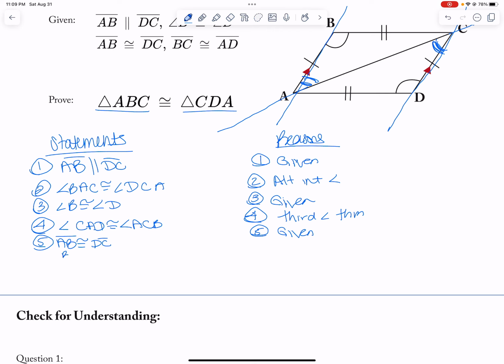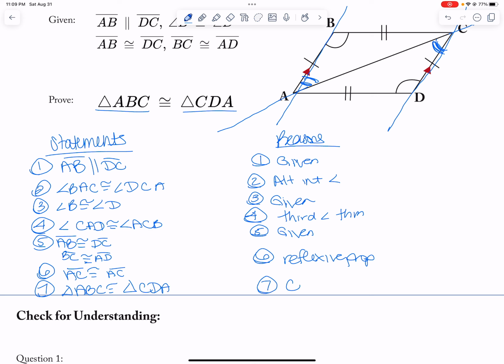And then BC is congruent to AD, which is also given. So then 6 is AC is congruent to itself, and that is the reflexive property. And then 7 is triangle ABC is congruent to triangle CDA by CPCTC.